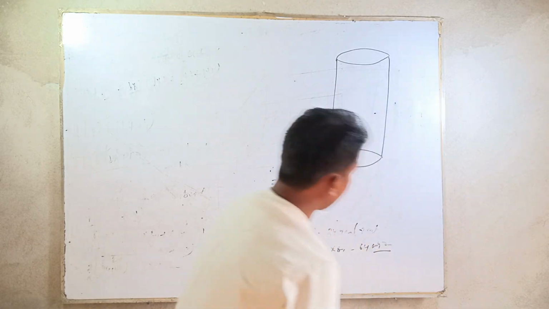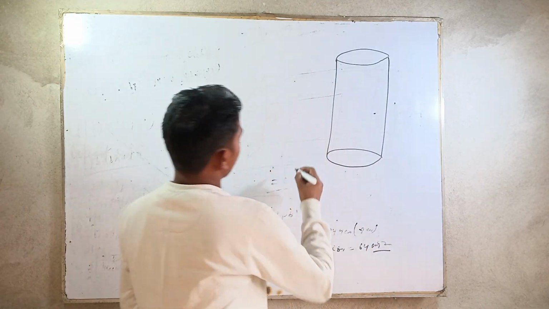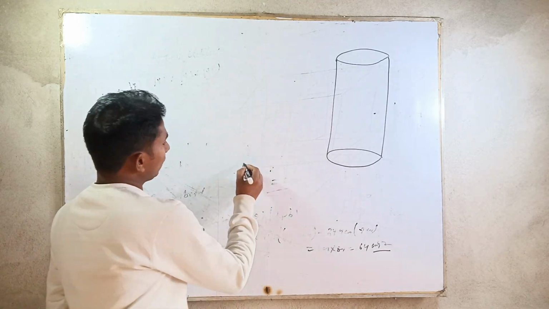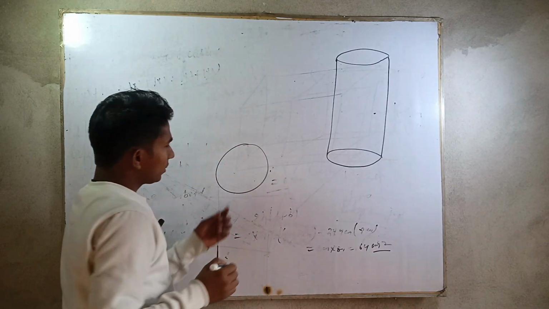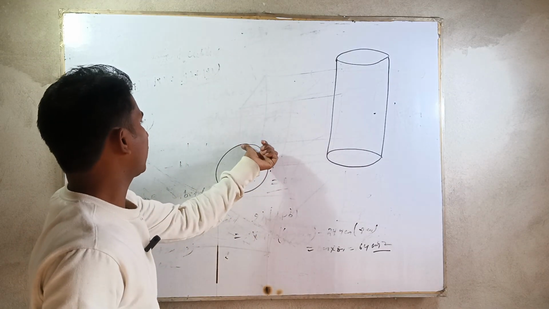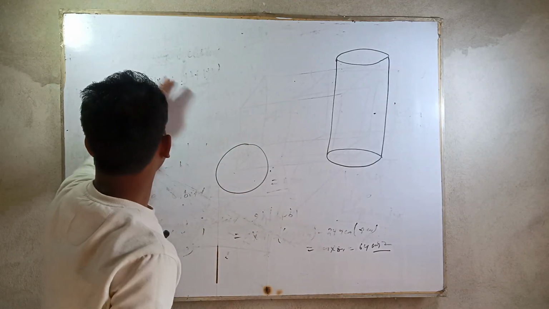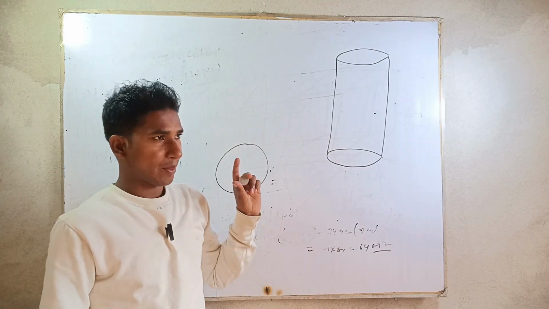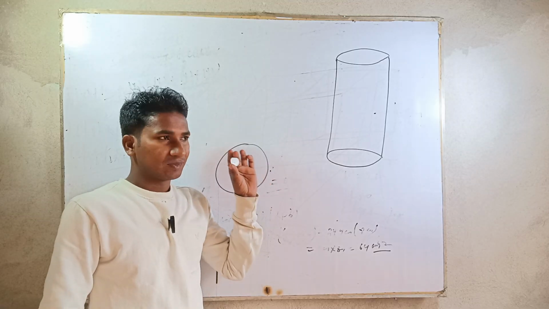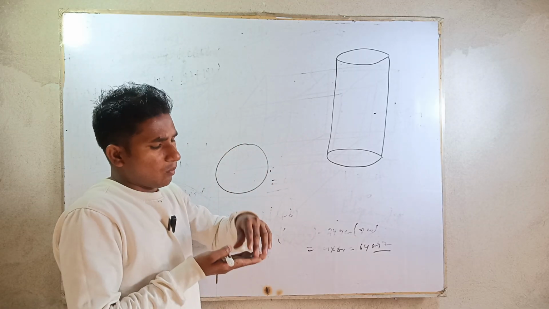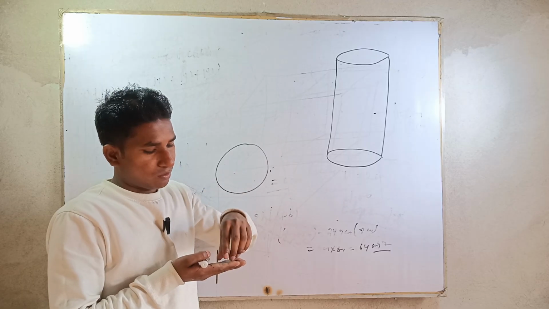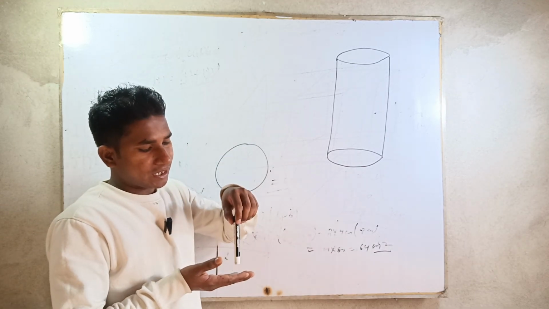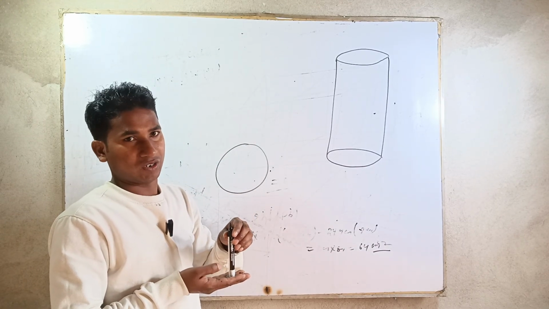So in this, if I have a 1 rupee coin, this one is in the shape of a circle, so I know this one would be related to a circle. So related to circles I need to solve this question. Suppose I have this coin, so this coin looks like a circle. If so many coins are put one by one, then we'll see that a height comes out.